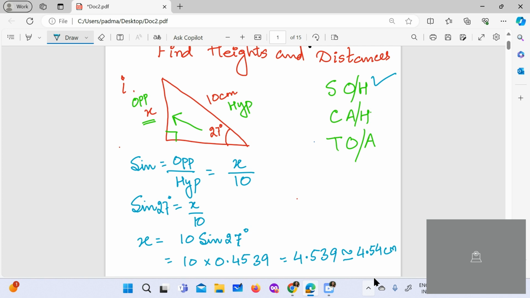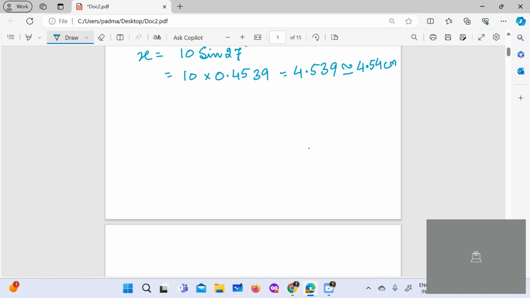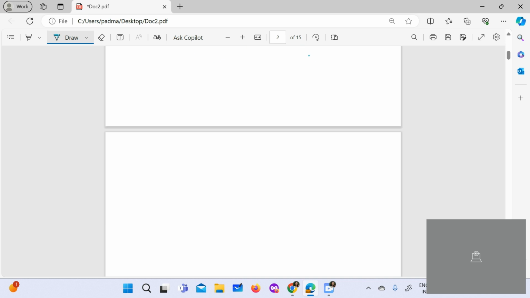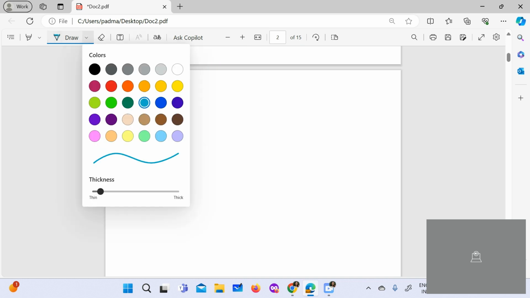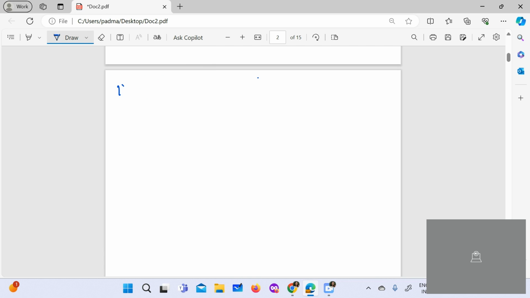Then we can have another question of this kind. So let's see, consider this triangle. Here is your right angle, that is 90 degrees.